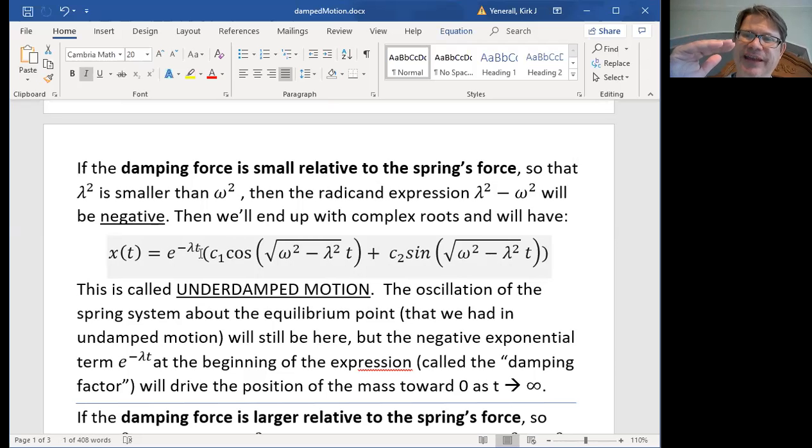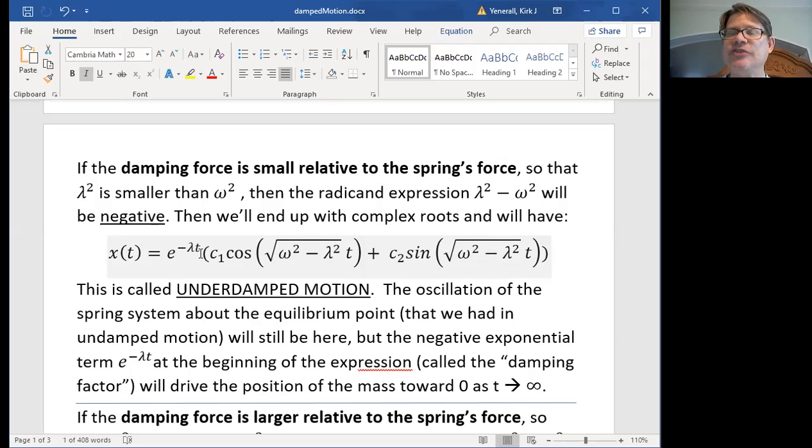And eventually, because of that damping factor, that e to the negative lambda t at the beginning, that damping factor is going to drive the position of the mass towards zero as t goes to infinity, because we know that the function e to the negative at has a limit of zero as t goes to infinity for positive values of a or lambda here.